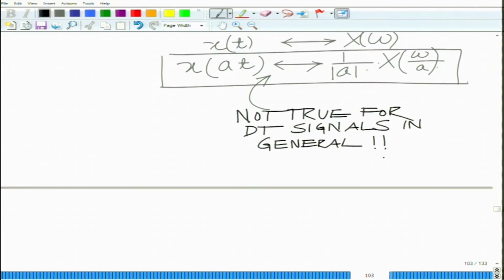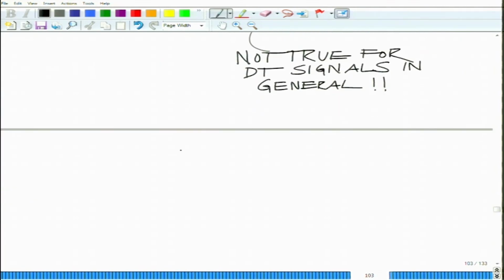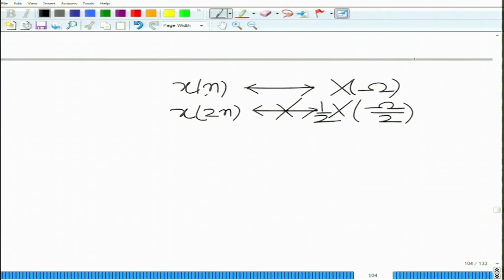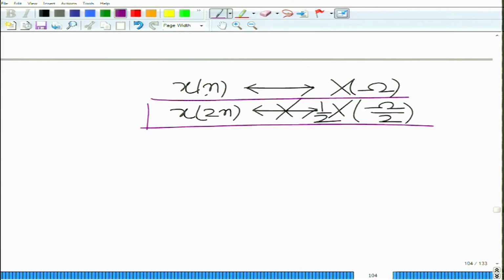That is, if x of n has the DTFT X of omega, then x of 2n will not have the DTFT half X of omega over 2. This is not true in general.